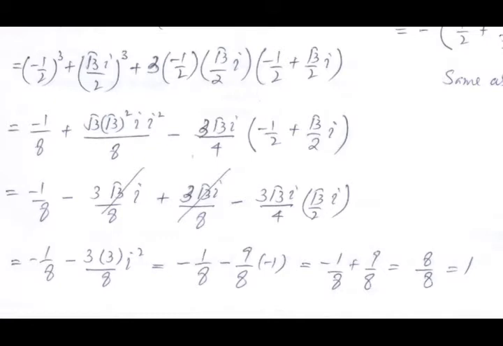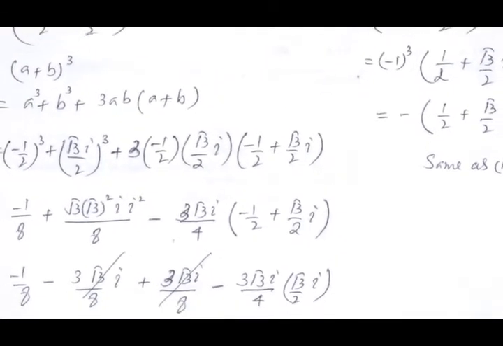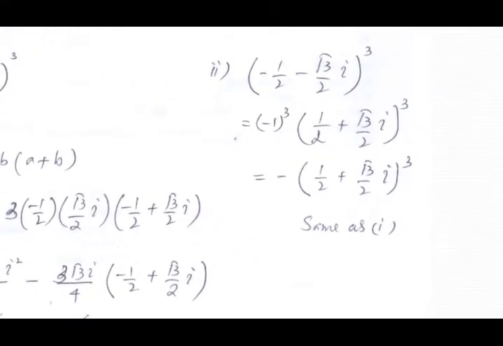It is a very important question. Do it twice. And then the same question with both negative values. If both are negative values in a bracket, we take a common minus 1, and the same power on the minus 1 is cube.